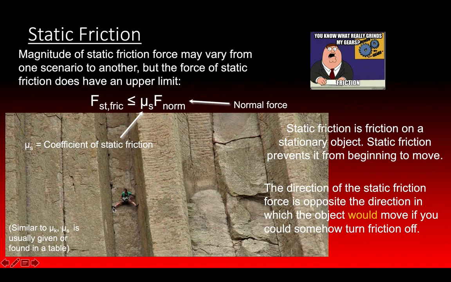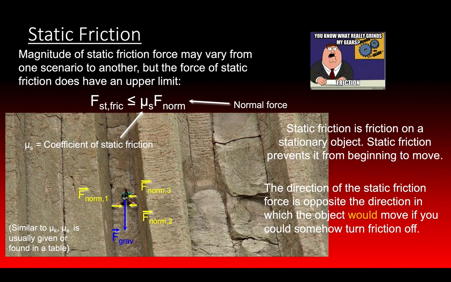You have the left foot, the right foot, and the right arm. So I know gravity is pulling the person straight down, but the force of static friction is preventing this person from falling. So I know that static friction must be pointing upward because static friction is opposite the direction the object would move if you could somehow magically turn friction off.